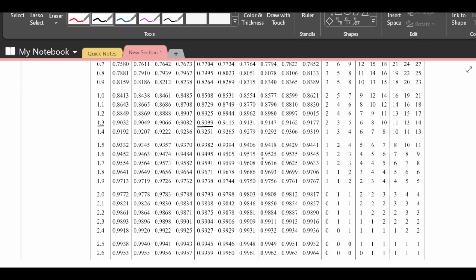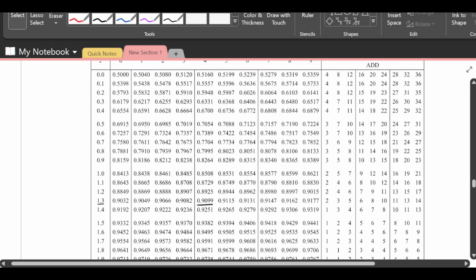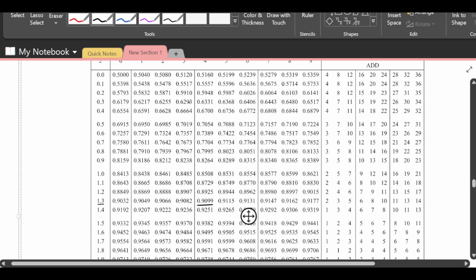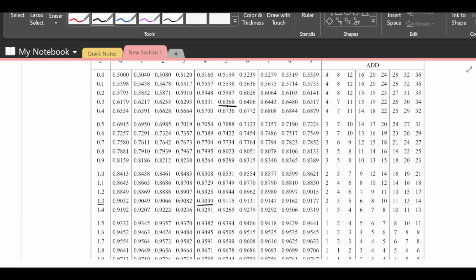So 0.3 is here, then 0, 1, 2, 3, 4, 5, and one more 5. Here in the difference column, 1, 2, 3, 4, 5, it is 19, I will add 19. So 6, 3, 6, 8, we add 19 to it, 6, 3, 8, 7.